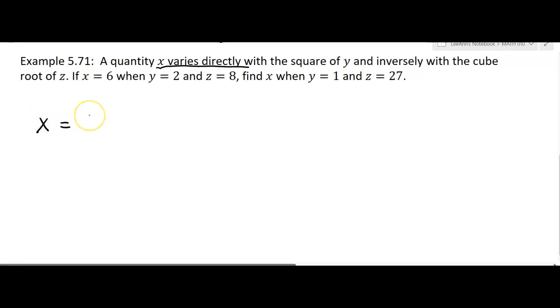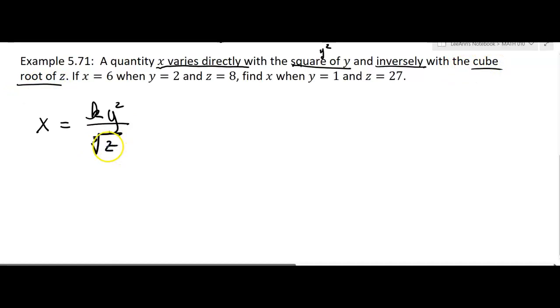And then you have to have a k. K varies directly with the square of y. Now you've got to think, okay, y squared then, because it's the square of y. And inversely, okay, that means it's going to be in the denominator, with the cubed root of z. Oh, cubed root, okay, cubed root of z.